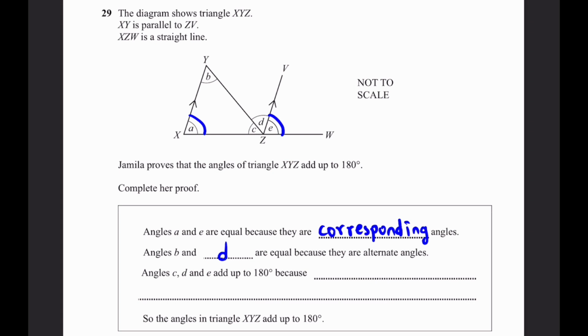If you look, XY and ZV are the parallel lines, and this is the transversal line or the third line which passes through both the parallel lines. B is equal to D due to the rule of alternate angles. Angles C, D and E add up to 180 degrees because dash. Look here. Angle C plus D plus E is somewhat like this arc which I just drew.